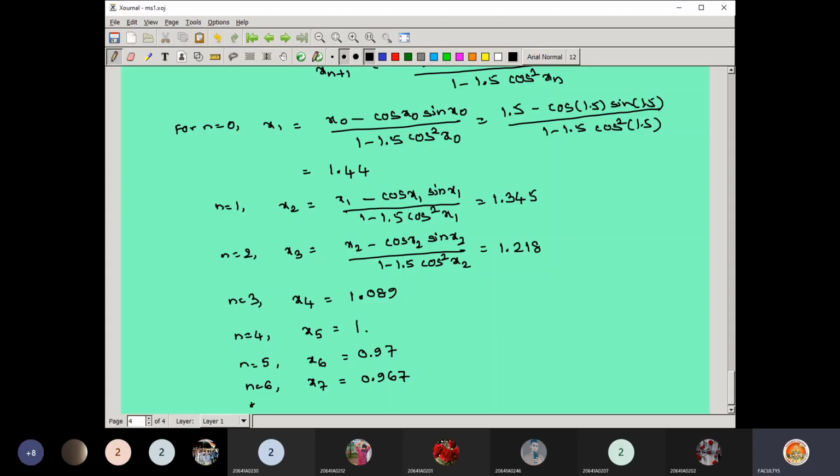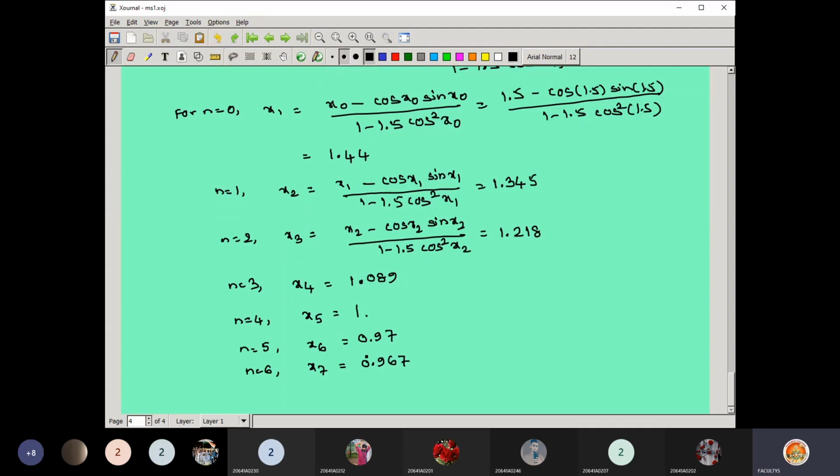Similarly, because there is still a little difference, go for n equal to 7. I think you are going to get this answer. n equal to 7, so that you are getting x8.